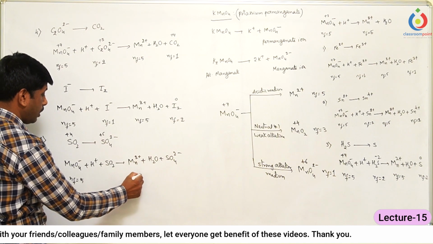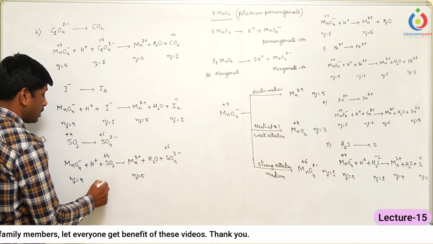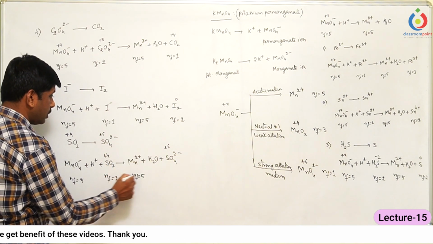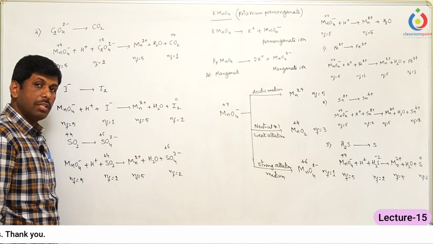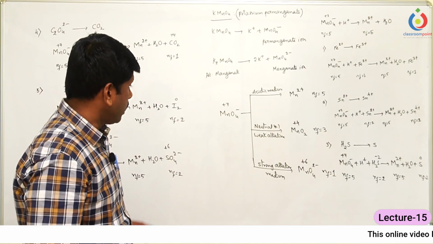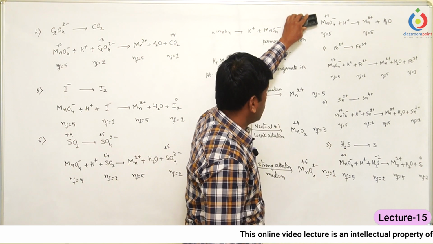Here also N factor value equals to 5. Here plus 4 oxidation state, plus 6 oxidation state. So N factor value difference is only 2. Here it is equals to 2. Here also only 1 sulfur atom is there. Difference equals to 2. So N factor value is also equals to 2. So like this we can calculate it. And now let us go with the potassium dichromate.